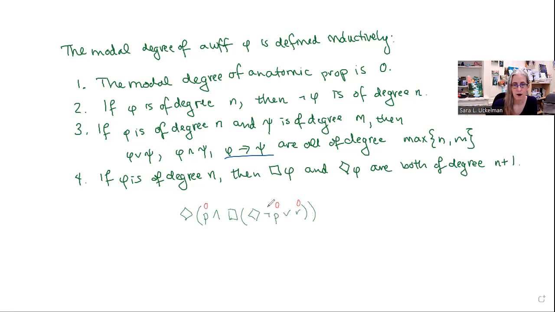So not P is 0, possibly 0 becomes 1, 1 or 0 becomes 1, necessarily 1 is a 2, 0 and 2 is 2, possibly 2 is 3. So this one has modal degree 3, even though it doesn't have any iterated modalities.